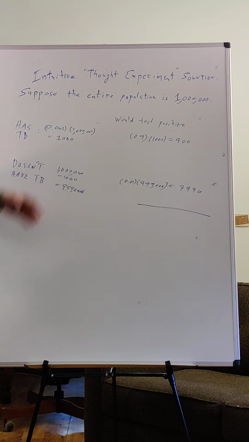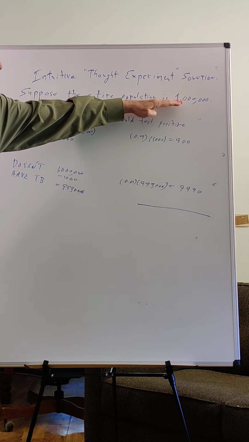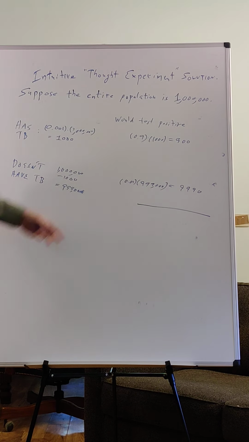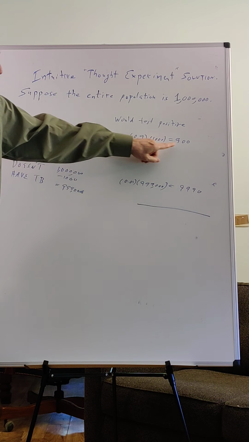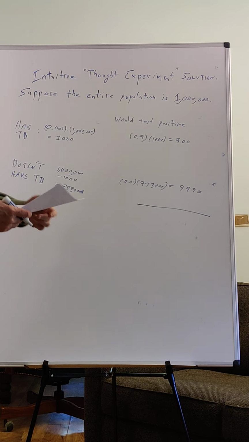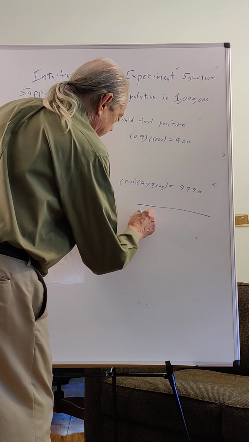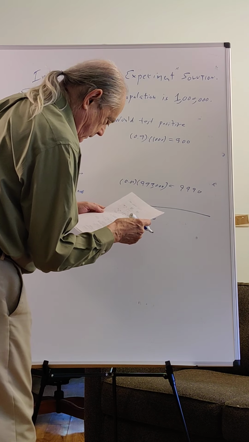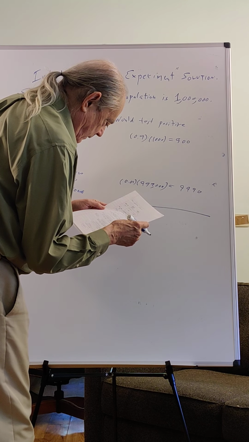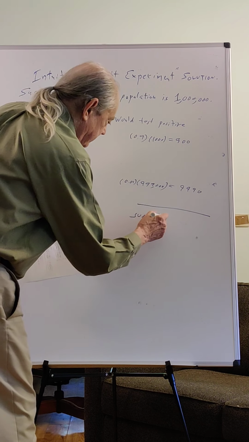So of the million people in the population, how many would test positive for TB? This number plus this number. So that sum is 10,890.